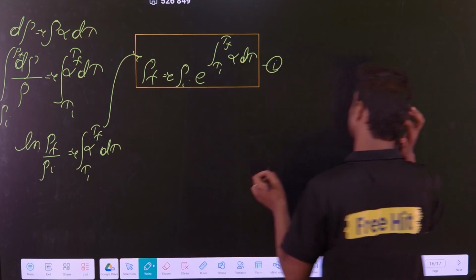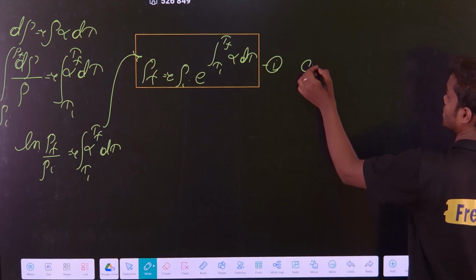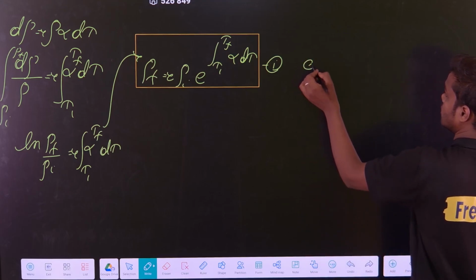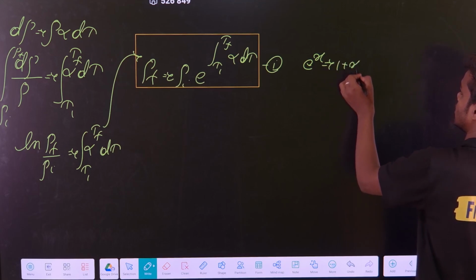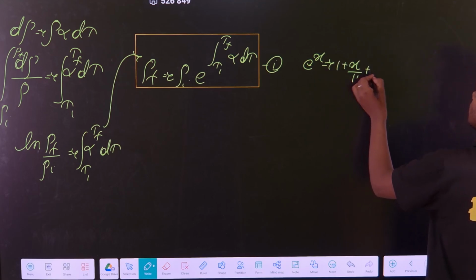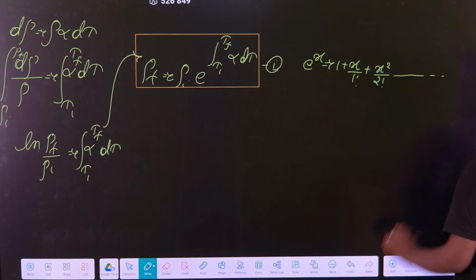Now do you know the expansion of e to the power x? What is the expansion of e to the power x? It is equal to 1 plus x upon 1 factorial plus x square upon 2 factorial, like that, correct?